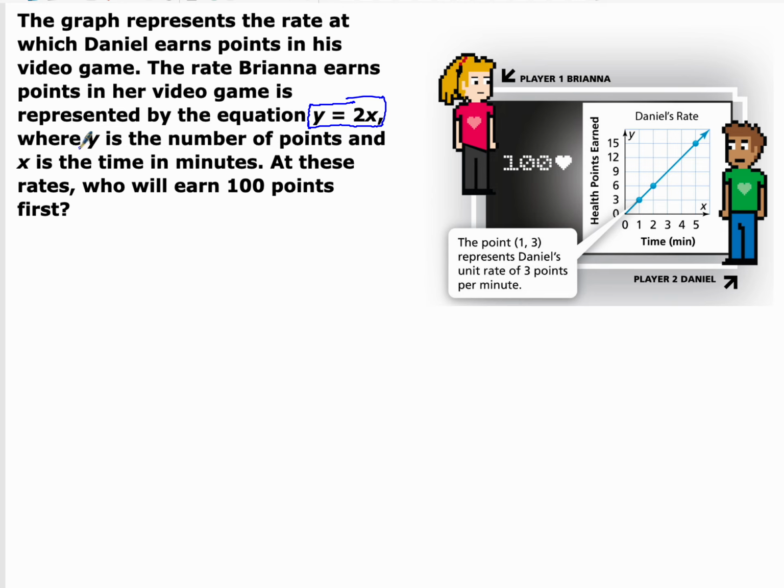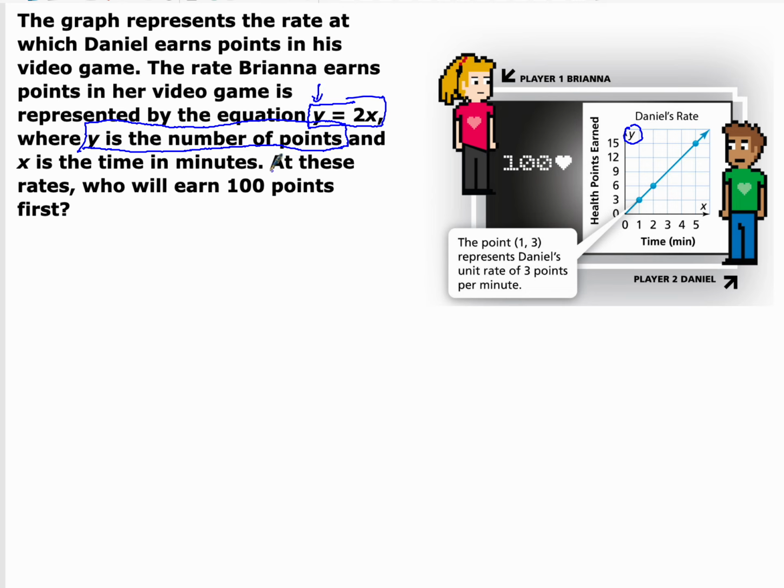So when you see this, y is the number of points. Is there anything on Daniel's graph that shows you that these are related, like we're judging the same things for each person? Well, the Y arrows, like the points. Yeah, the y-axis, that's what we call this line here. The y-axis is the number of points. In her equation, the y stands for the number of points, exactly the same thing.